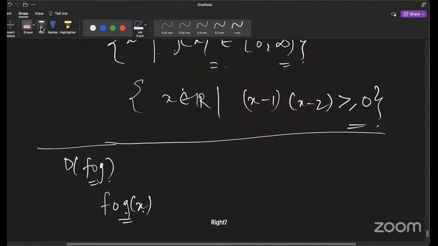What does domain of f of g(x) mean? I think domain of g of x. Yeah, okay, you have told domain of g of x, and now one condition is this. If I say that your x belongs to domain of FOG, then the first condition is x should belong to domain of g.